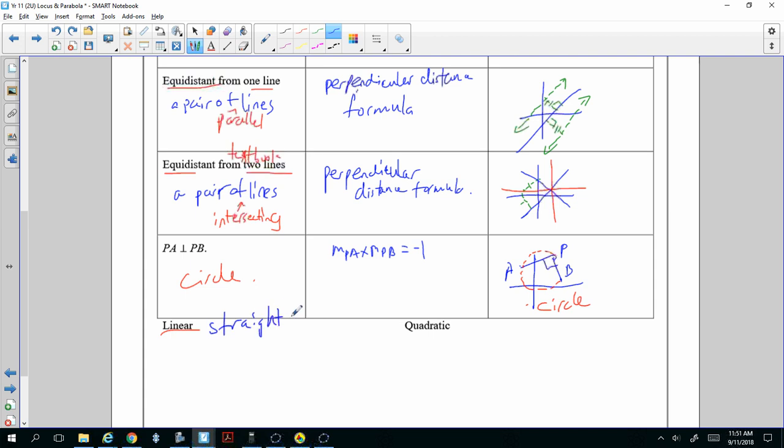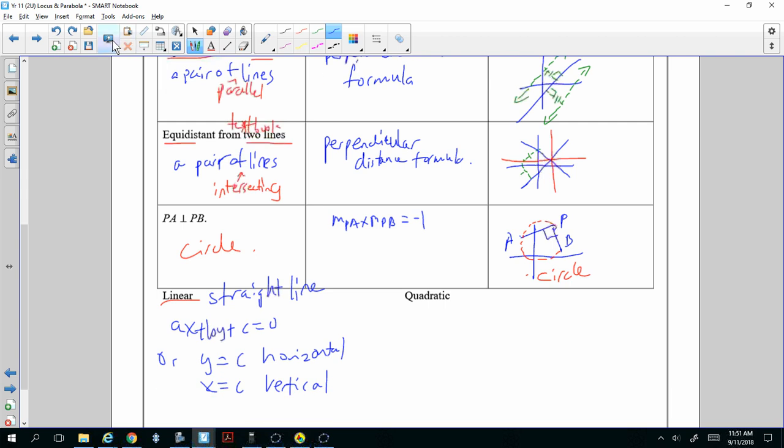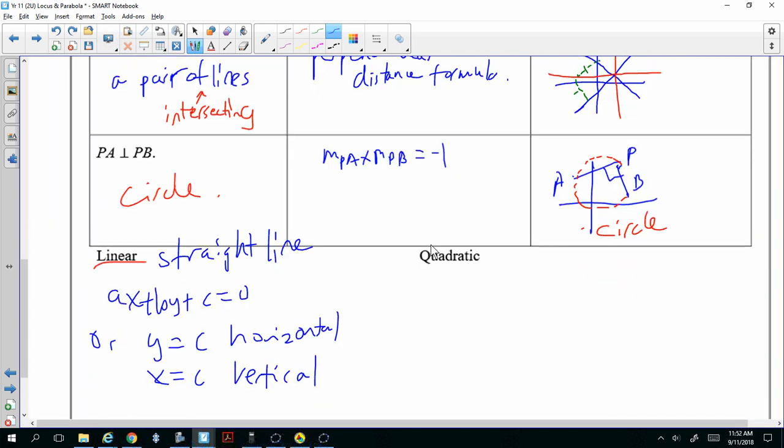And then you have quadratic, which will look like this, which you'll get a parabola, or you could get this one, a circle. So if there are both x squared and y squared, it's a circle. If it's just one x squared, you get a parabola.